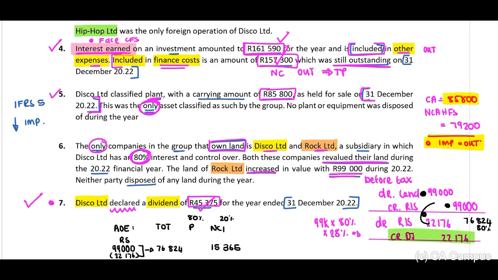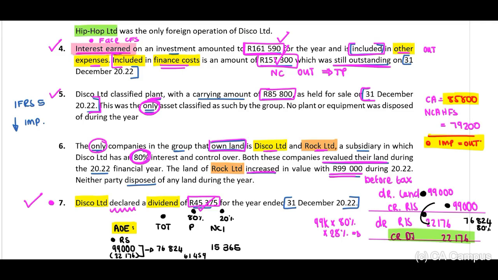Okay, therefore, when you look at the left side, imagine that this is your analysis of owner's equity. Remember, we include the revaluation surplus, we have a total column, we have our parent's column and our NCI's column. Now, our parent's column, 80%, will represent an amount of 61,459.